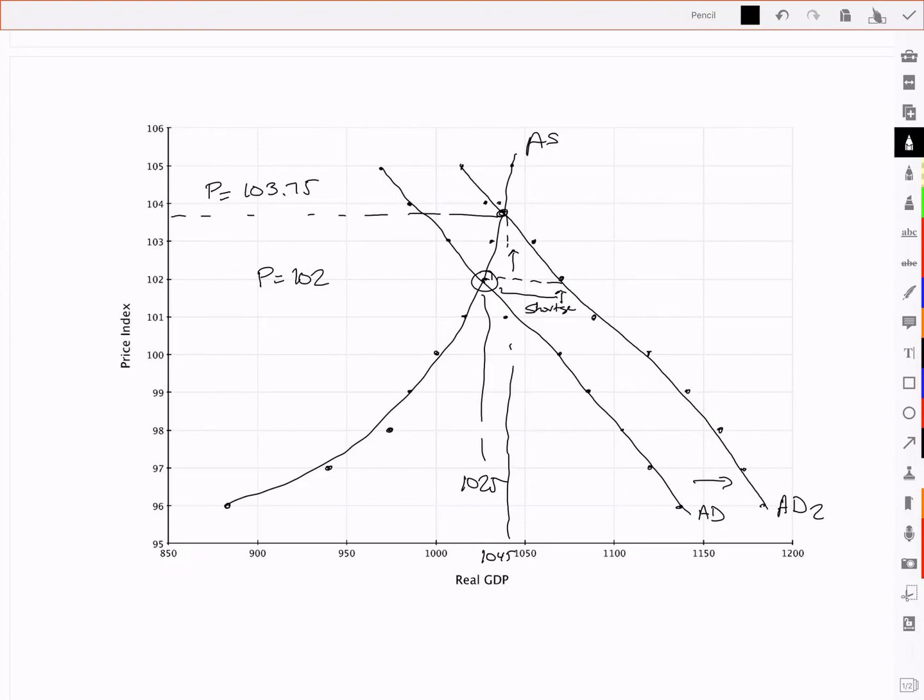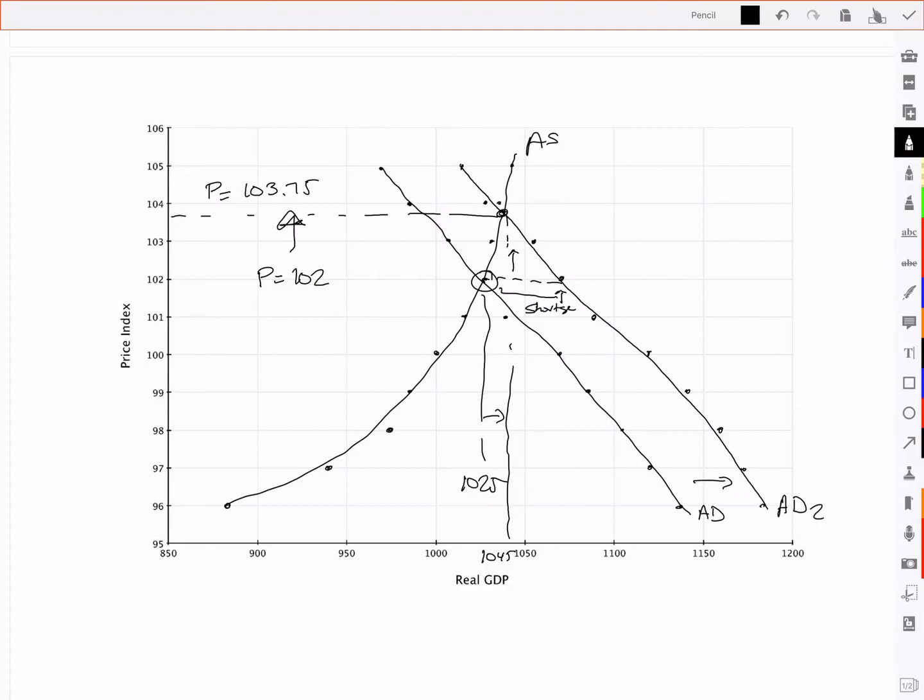So when aggregate demand increases, we get inflation. So we go from a price level of 102 to 103.75. So now we're looking at 3.75% inflation since the base year, and we're looking at our real GDP increasing as well. So an increase in aggregate demand increases inflation and increases the size of our economy.